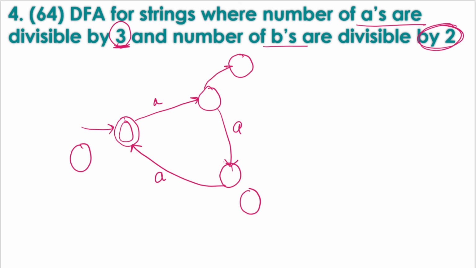So just make such transitions. Now if you look carefully, all of the states are complete except these states. We have marked transitions from all other states for all the input symbols except these 3 states.